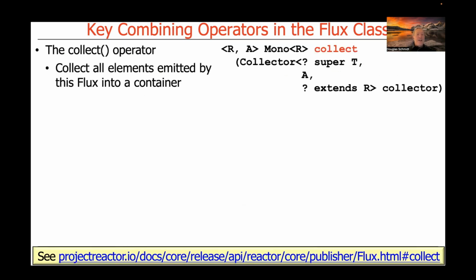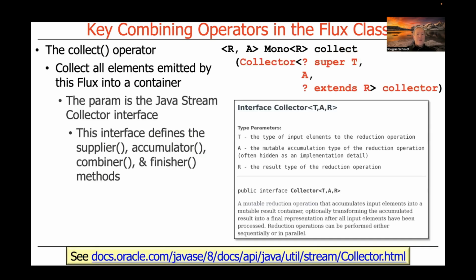So the third and final combining operator we're going to talk about is the collect operator. And this collects all the elements that are emitted by the flux into a so-called mutable result container. And the parameter basically borrows the same types that exist with Java Streams. So the Java Streams interface has a collector, and that same collector is used here with Flux.